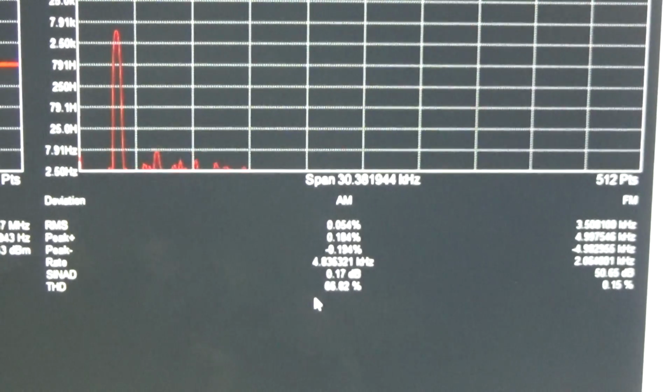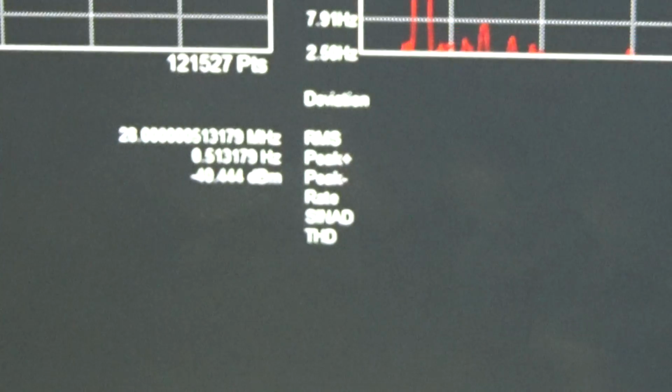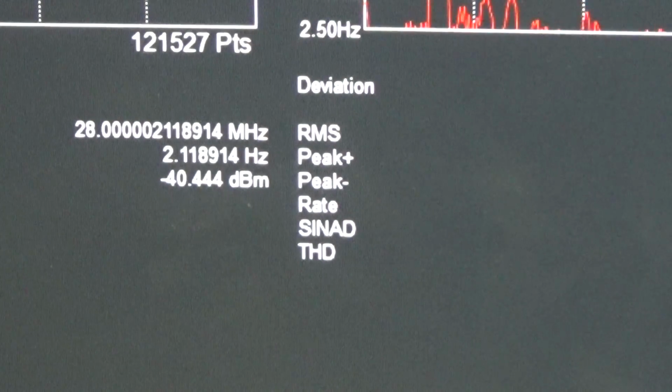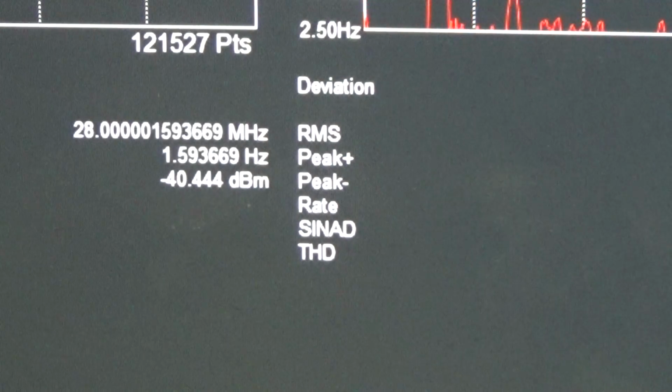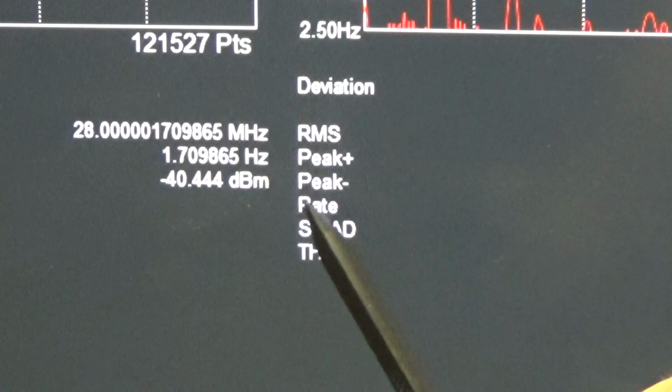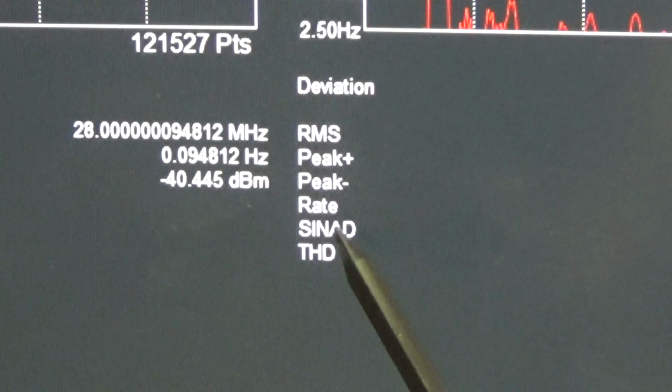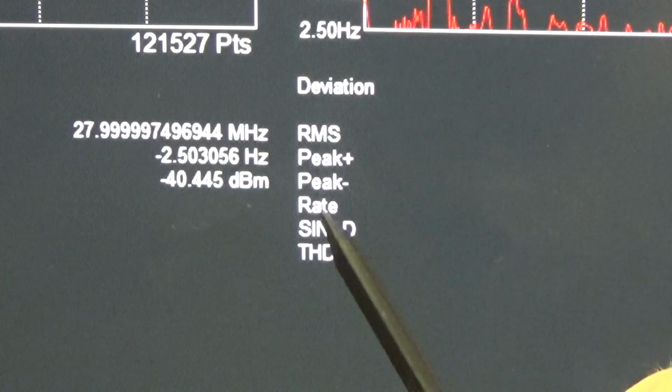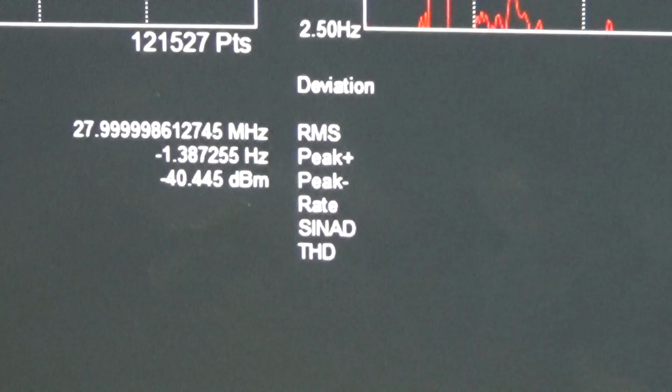Well, additional to that, and that is really the beauty of my Signal Hound. My Signal Hound is really able to give me the deviation, it is able to give me the audio frequency, but additional to that it is able to give me the SINAD and the THD.